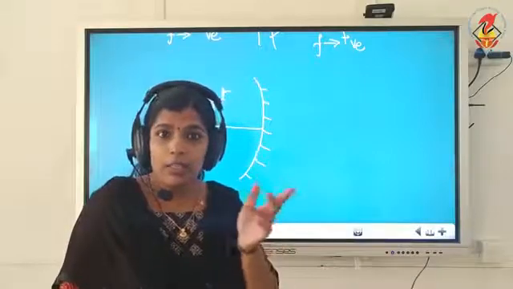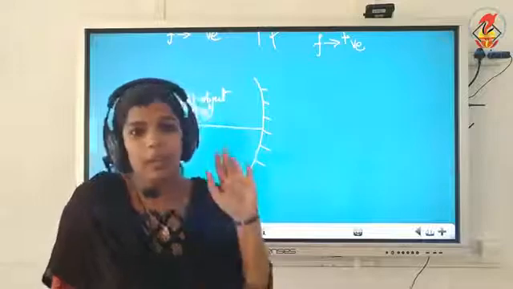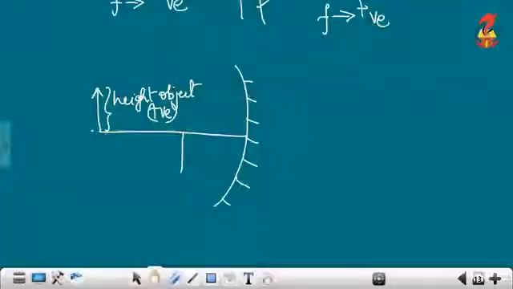Means real image we will draw below the principal axis. This one is a real image. So, height of this image will be negative.